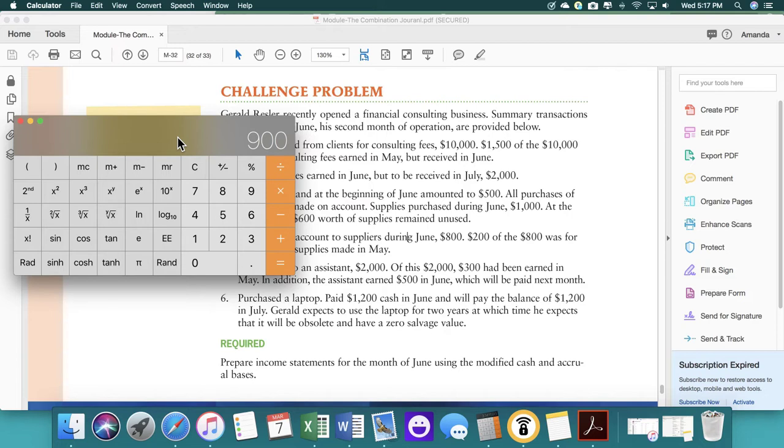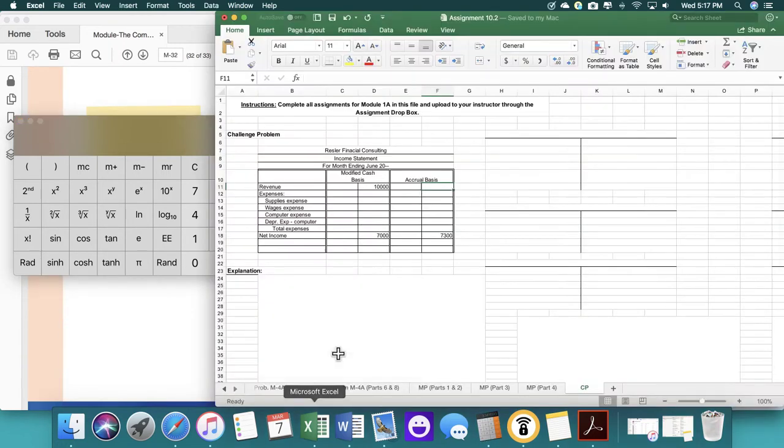So that means our supplies expense is going to be $900. And that actually is going to go for both the accrual basis and the modified cash basis.